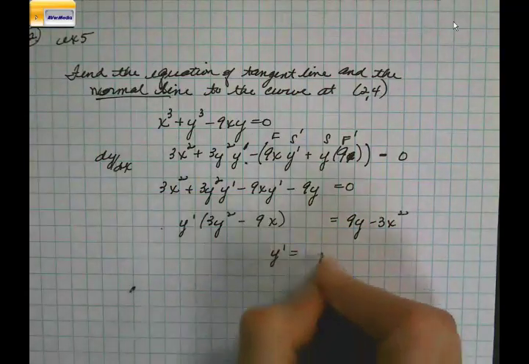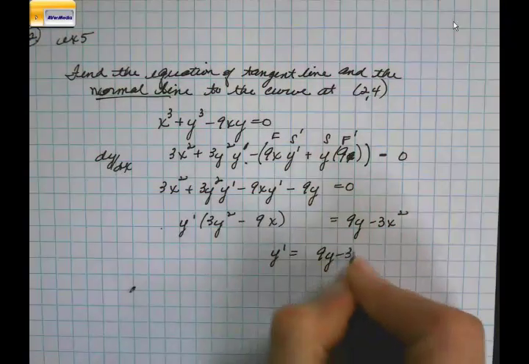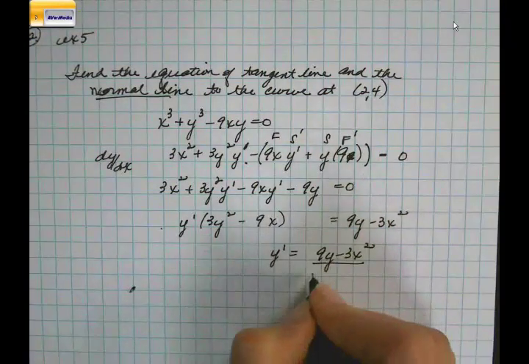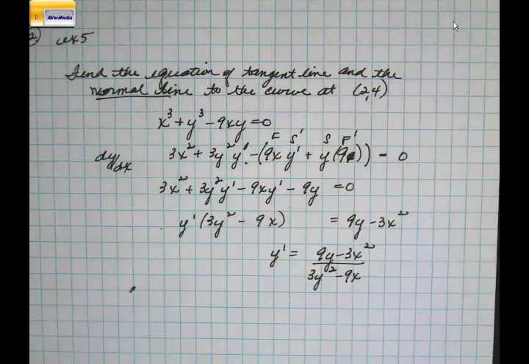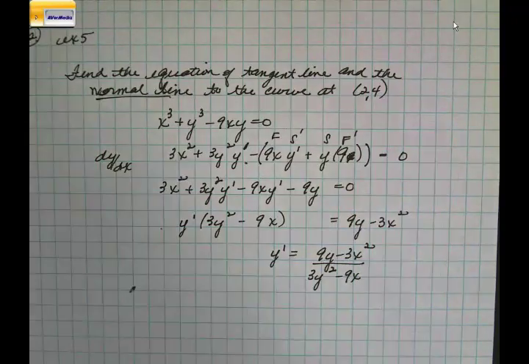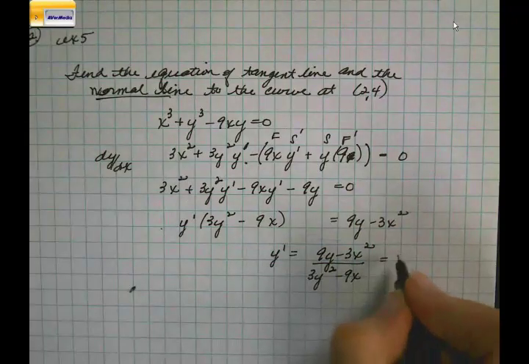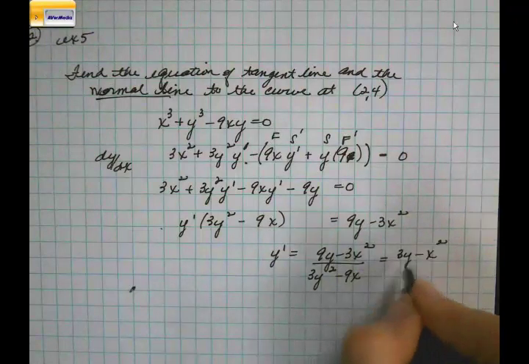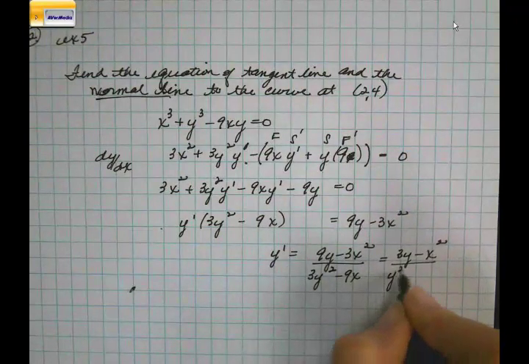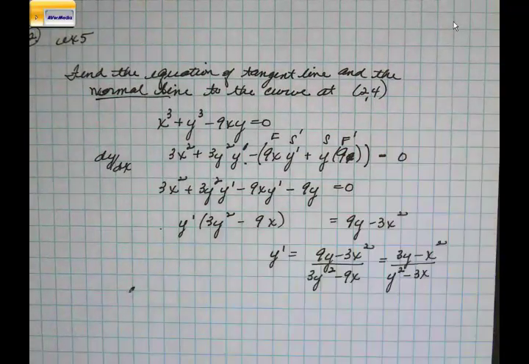So then y prime is 9y minus 3x squared over 3y squared minus 9x. So I can take a 3 out of the top and the bottom, leaving behind a 3y minus x squared over a y squared minus 3x.